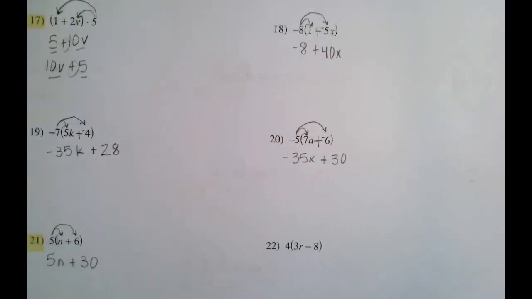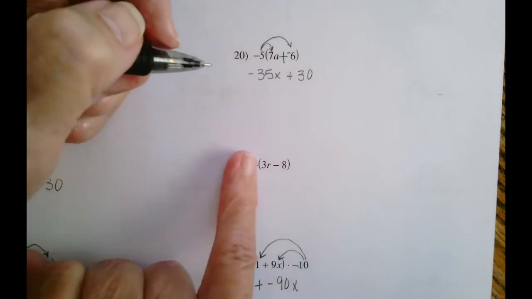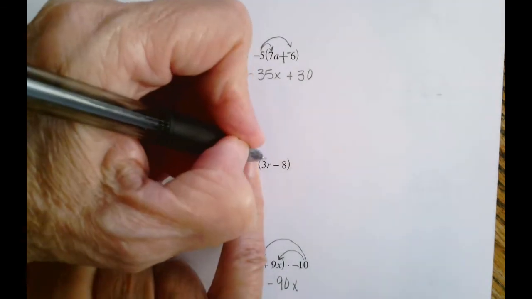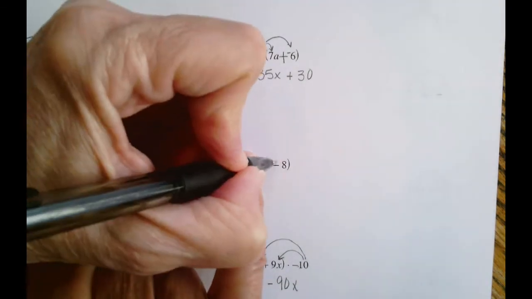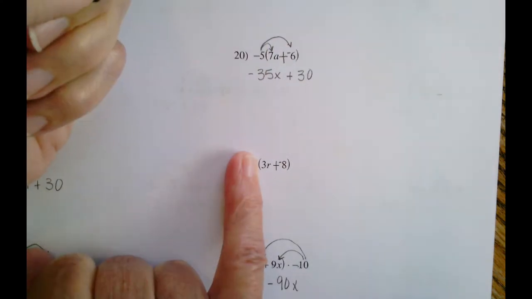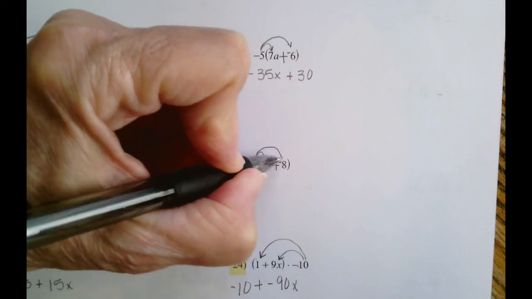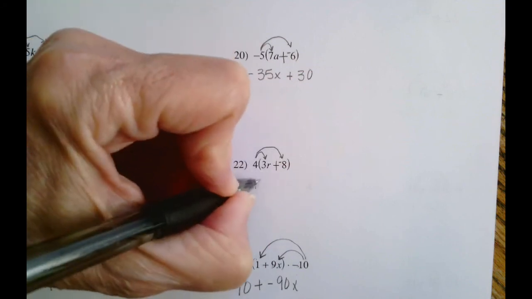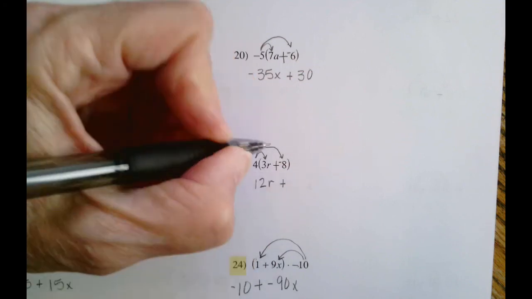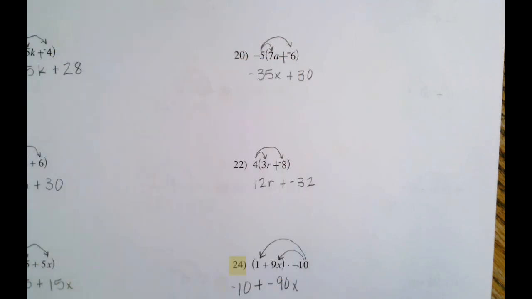And the last one, number 22, leave the first part alone, change the next two to their opposites, distribute, distribute, 12r plus a negative 32. That is the end.